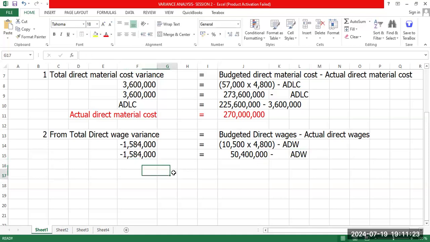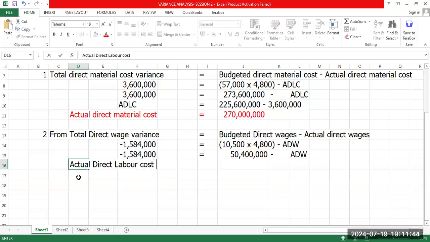So at this point, you can get actual direct wages, or actual direct labor cost, which will be equal to 50,400,000. Then I subtract. Am I going to subtract or add?